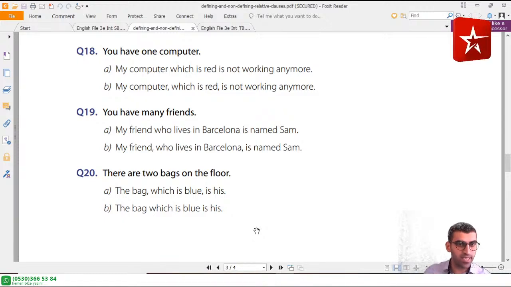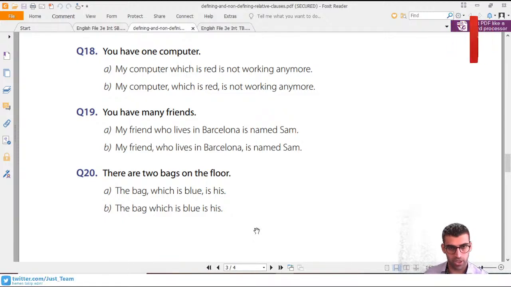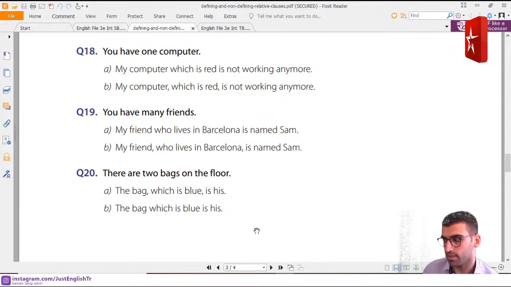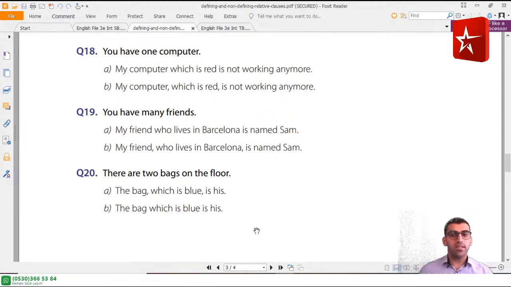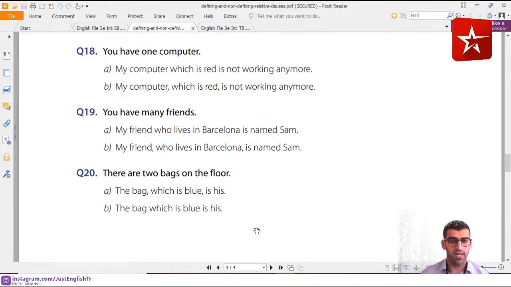If we are giving important information, we don't have to use comma. That's why 20 is B. B is the correct answer: the bag which is blue is his. Without any comma, we have to write this sentence. That was the last sentence we did here.